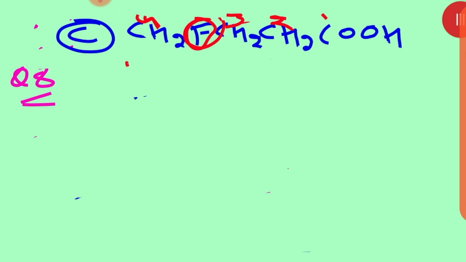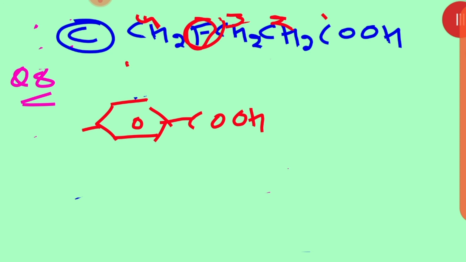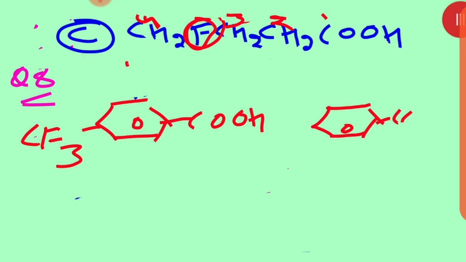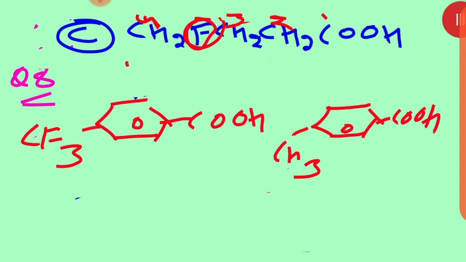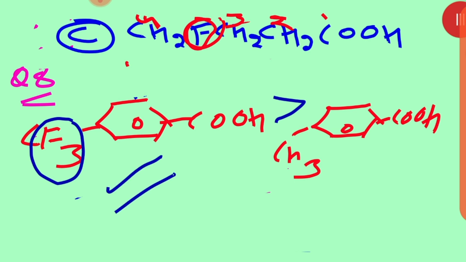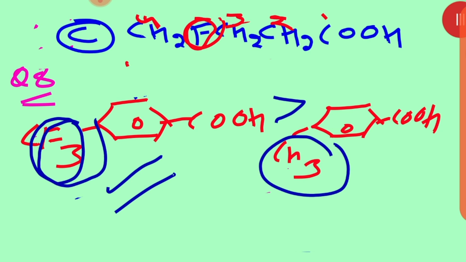Now the last question is here, you must see all of you: CF3COOH and CH3COOH. What is going to happen there? This is more acidic. Why? Because fluorine is a strong electron withdrawing group. So this is more acidic and this is less acidic, because this is electron releasing, but F is an electron withdrawing group.